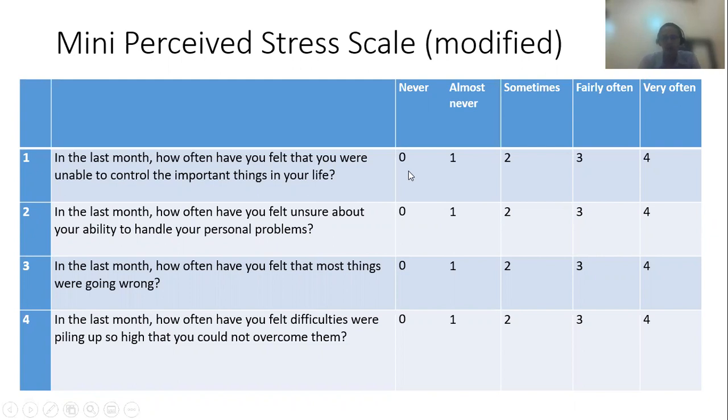The way you answer it is by choosing whether it never occurs, almost never occurs, sometimes occurs, fairly often, and finally very often. So it starts from 0 to 4. For instance, for number 1, in the last month, how often have you felt that you were unable to control the important things in your life?